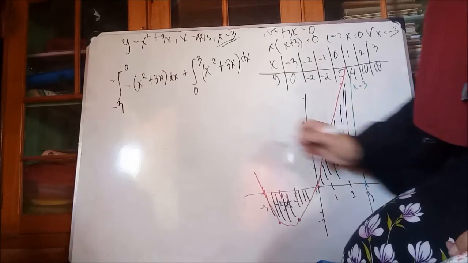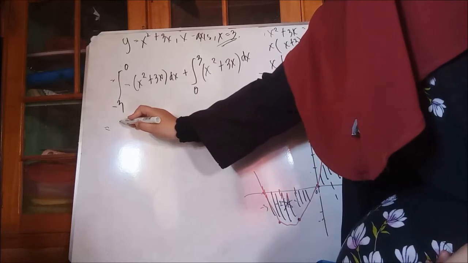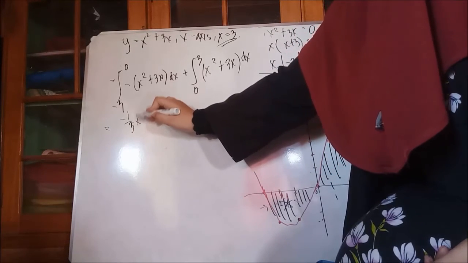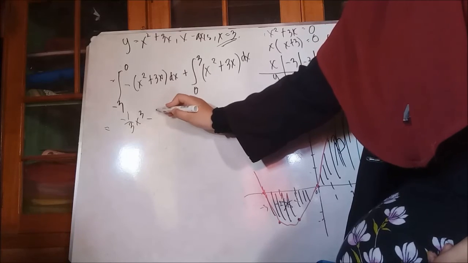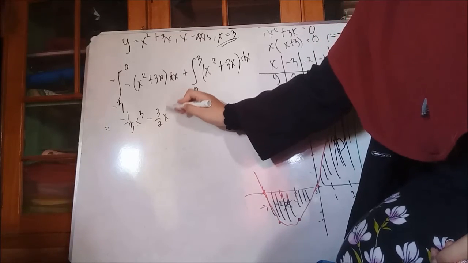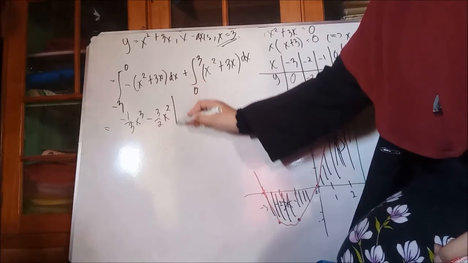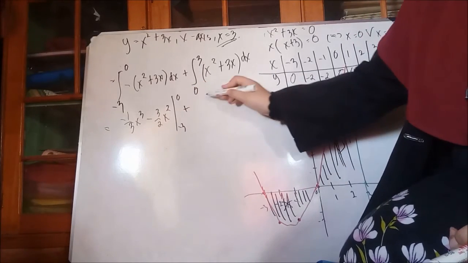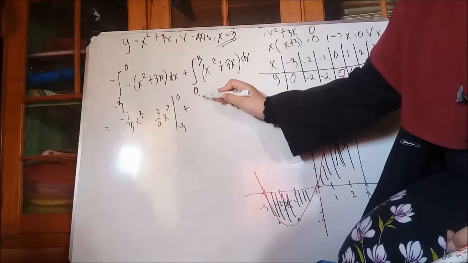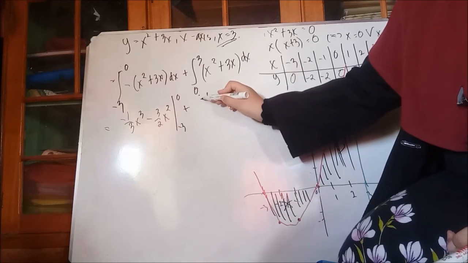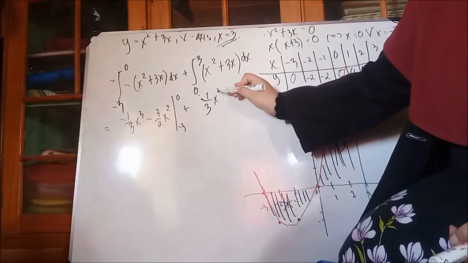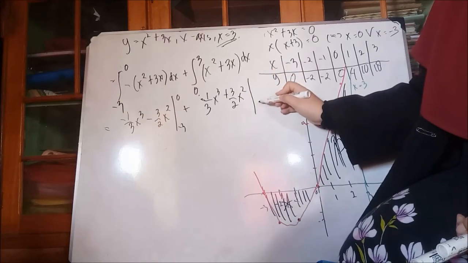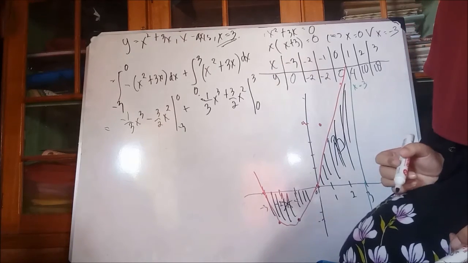And then for the next step we can integrate this: we have negative 1 over 3 x to the power of 3 minus 3 over 2 x squared from negative 3 until 0, plus 1 over 3 x to the power of 3 plus 3 over 2 x squared from 0 until 3.